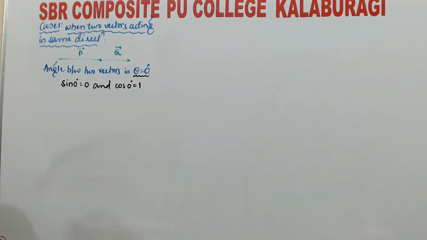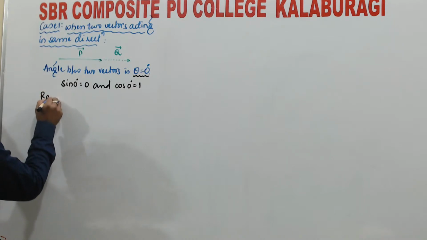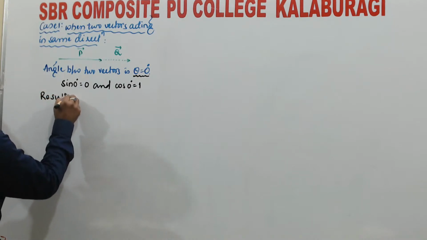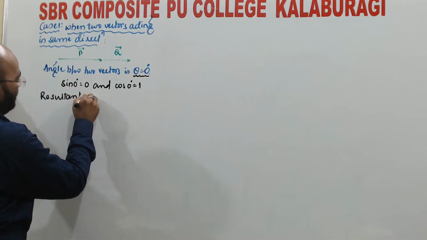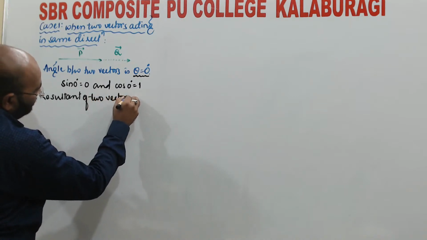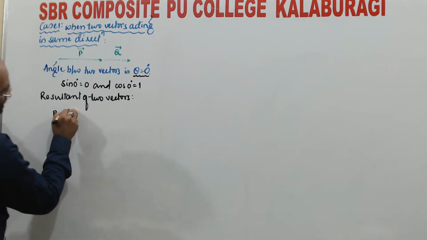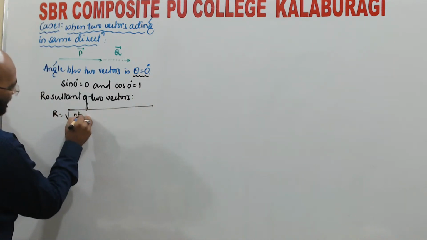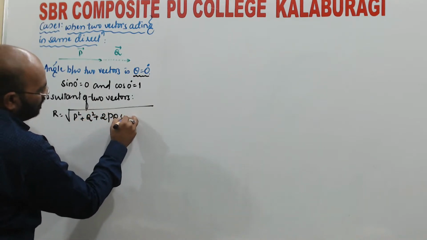We know that the resultant of two vectors is R equals under root of P square plus Q square plus 2PQ cos theta.